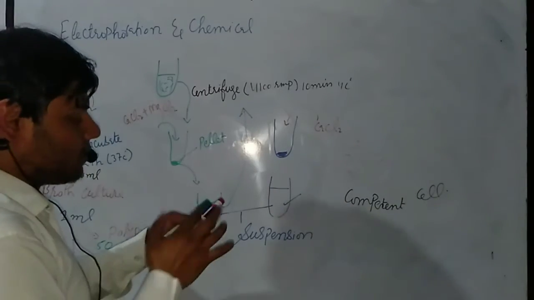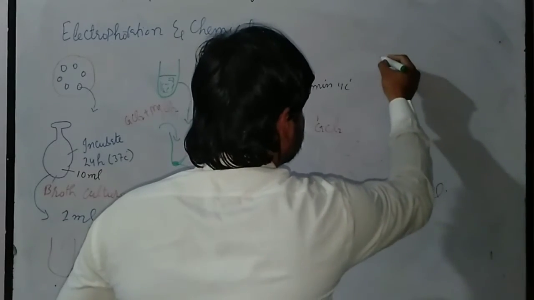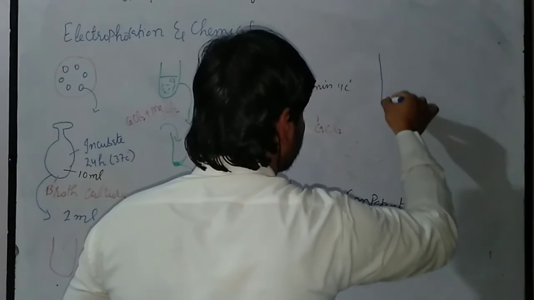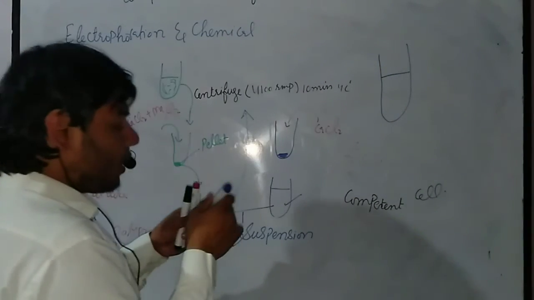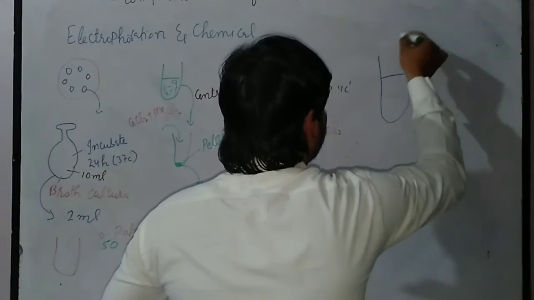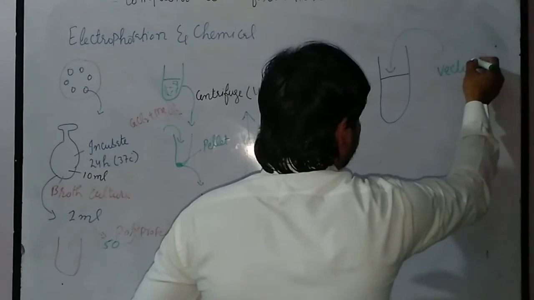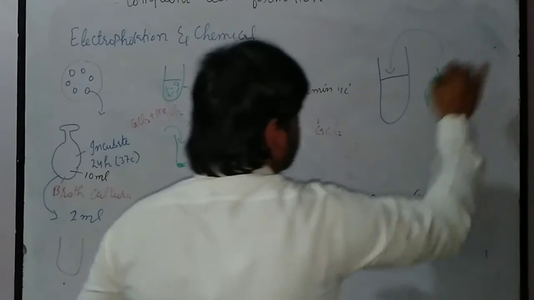And after that, let's suppose this is a new test tube, and it has all those bacterial cells which have become competent, and then inside this test tube we load our vector, usually a recombinant DNA vector.